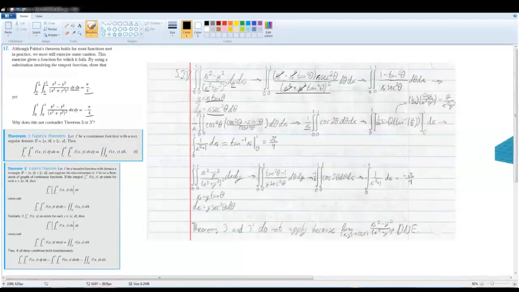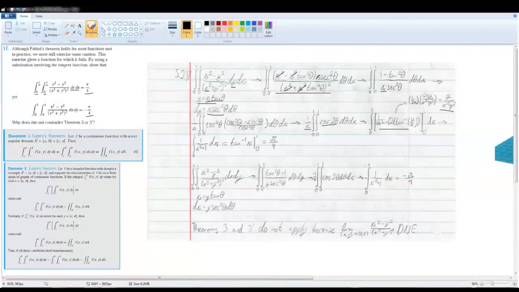I also pulled out the 1 over x that we had from here because x is just a constant for now. And cosine 2 theta basically becomes 1 over 2 sine 2 theta. I plug theta back in from here, so theta equals arctan of y over x. Then by some funky identities, this whole thing becomes y over x squared plus y squared.